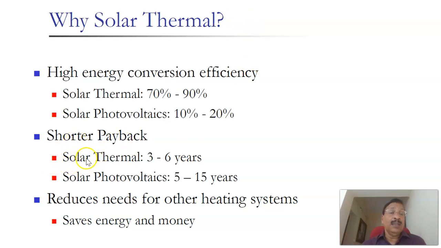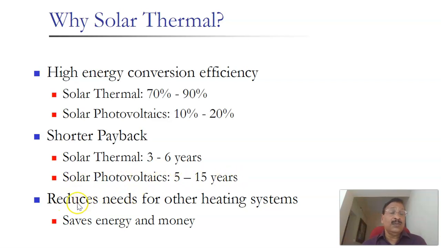Another one is that, because of this efficiency, solar thermal has a payback period of 3 to 6 years. But for solar photovoltaic, it's much higher, 5 to 15 years to recover the invested amount. So the shorter payback period is for the solar thermal system compared to the solar photovoltaic system.